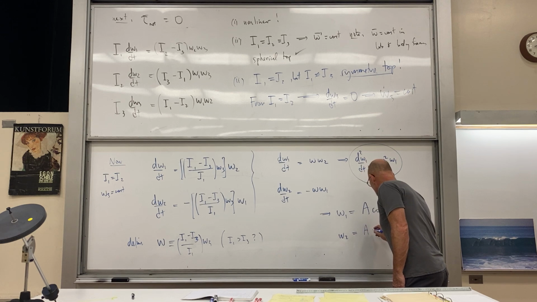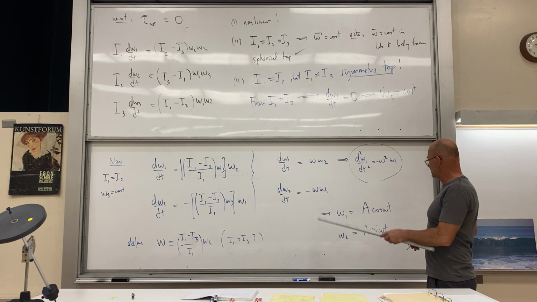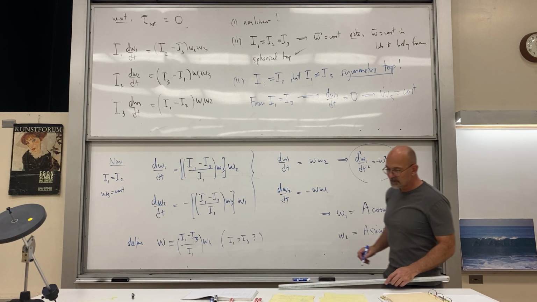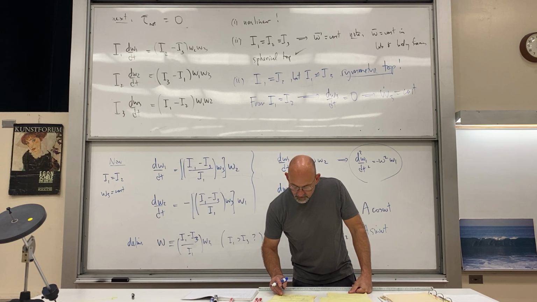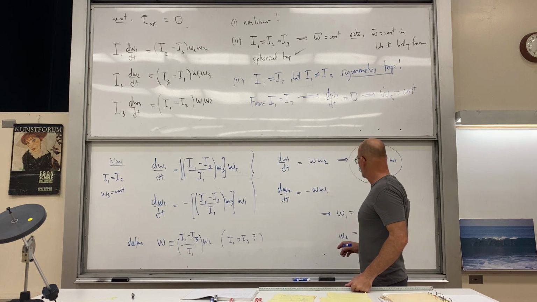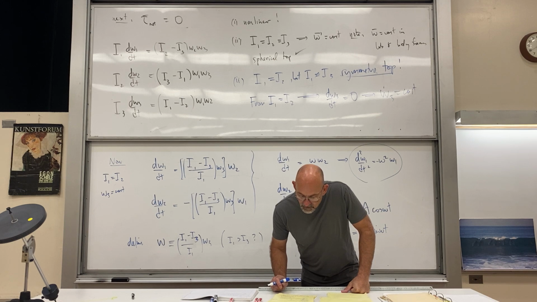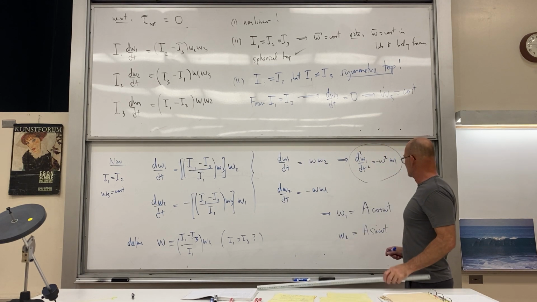Okay. d omega 2 dt is cosine omega 1. Am I missing a minus sign here? Good. So I'll put the minus sign in there.